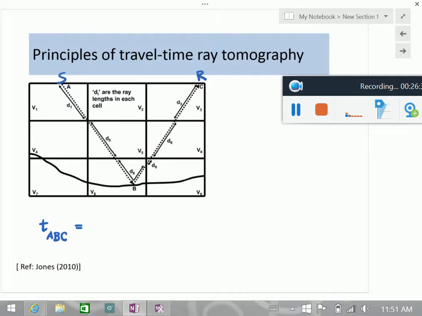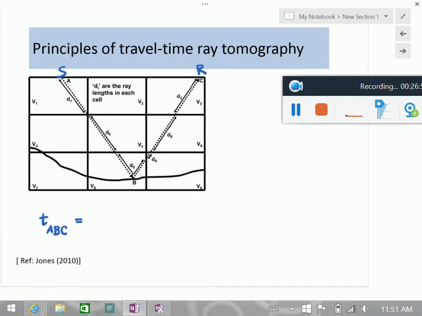What you see here, those 9 blocks, each one is a velocity cell. Within each velocity cell, we assume that the velocity is constant, right? So it is V1, V2, V3 to V9, right? And now, once you have a velocity model, then you use ray tracing to find out how the wave is going through from A to C. You know reflection, refraction right now.